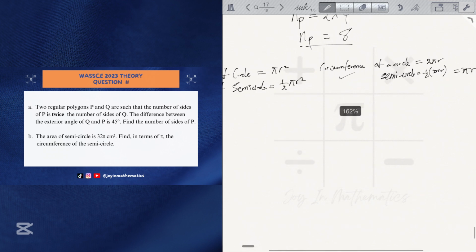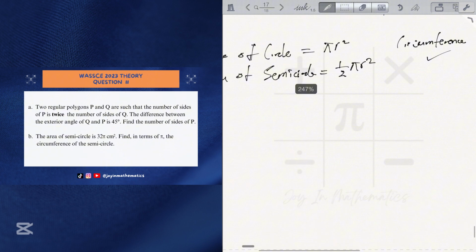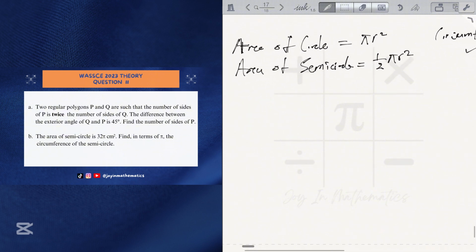So now the question asks us to find the circumference of the semicircle, and we are given the area of semicircle. The area of semicircle was 32 pi centimeter squared. So we equate it to this to find the radius. So 1/2 pi r squared.